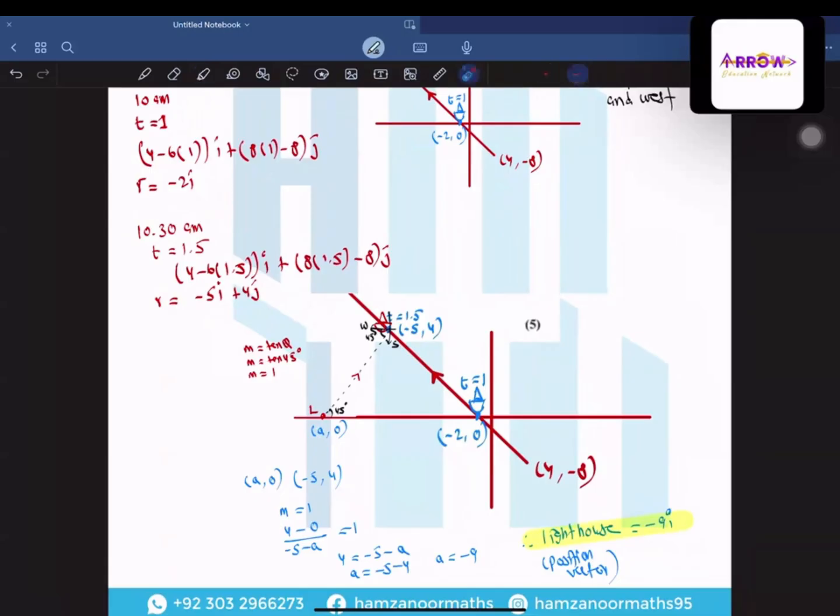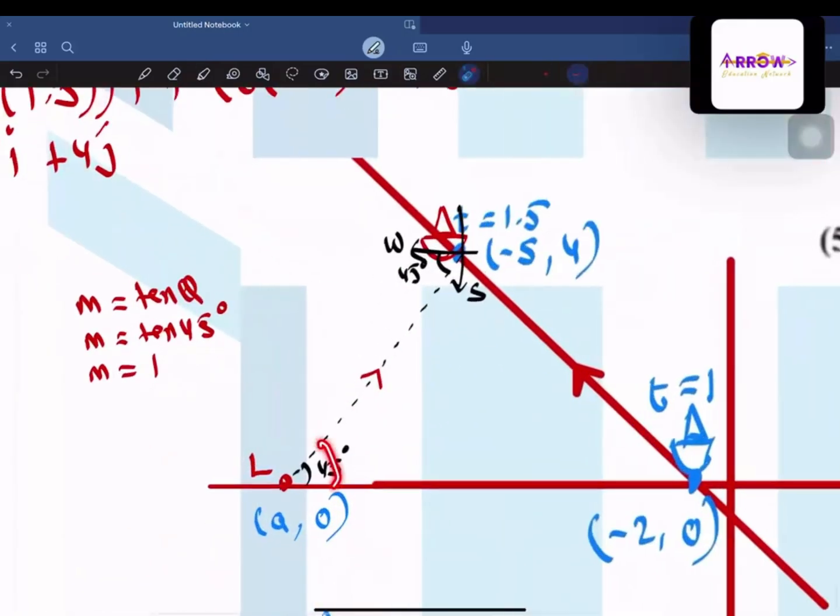We established that this angle is 45 degrees, so the gradient of this upward sloping line is 1. What else you can say is that when you make a compass at t equals 1.5, meaning minus 5 comma 4, halfway between south and west means the angle from the positive horizontal axis is 180 plus 45 degrees, which is 225 degrees. 225 degrees is an angle in the third quadrant, and tan theta is positive in the third quadrant.